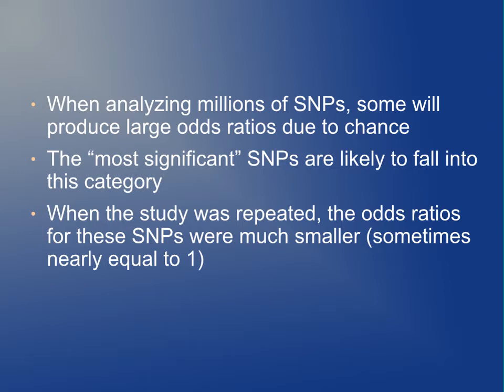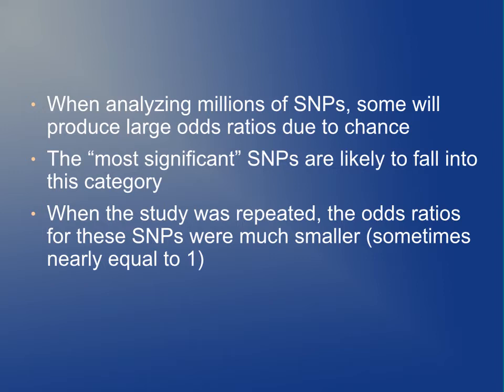And in a certain sense, to be at the top of a list of 1,000,000 possible SNPs associated with prostate cancer, you have to be both lucky and good, in the sense that you have to be good, quote unquote, there probably has to be some true association. You also just have to get lucky that the effect was unusually large in this particular sample.